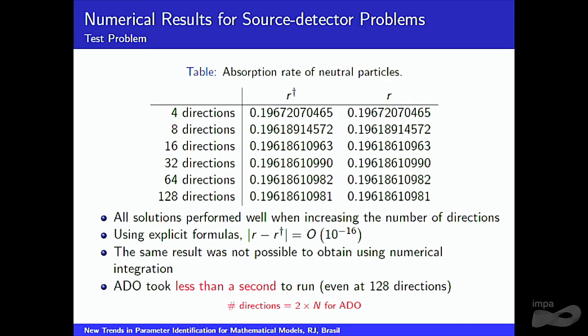And when we implement those inner products using a quadrature scheme, we lose a little bit of this accuracy. But the method is still very fast to solve this problem. So it was just to check these results. We get lots of digits in agreement as we increase the number of discrete directions that I explained in the beginning.